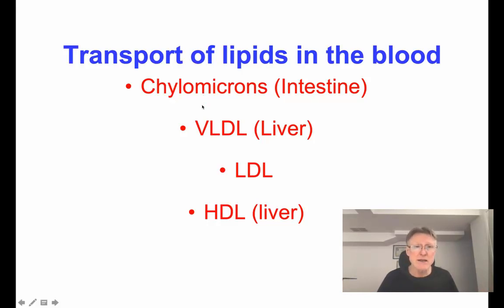So chylomicrons are crucial for dietary fat. VLDL is the fat that is produced in the liver. So that's where this arises, or where it comes from. LDL is a product of VLDL, so it's a conversion of VLDL into LDL. And HDL is an entirely separate set of particles that have their specific features but also come from liver.